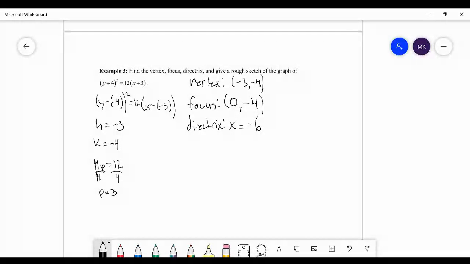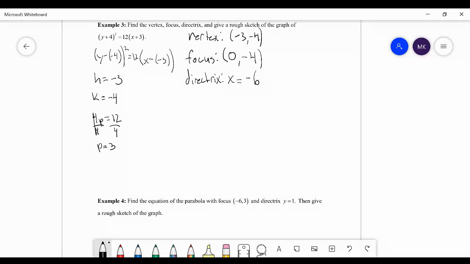So let's sketch a graph of this. So since our vertex is at negative 3, negative 4, that puts us right there.